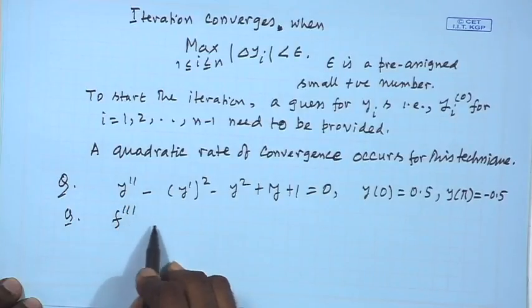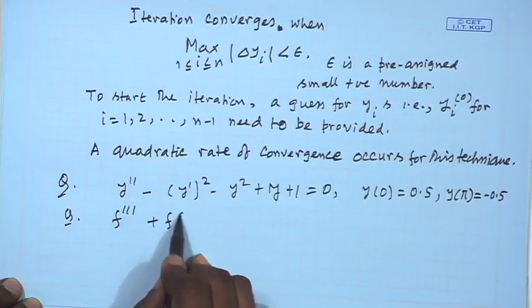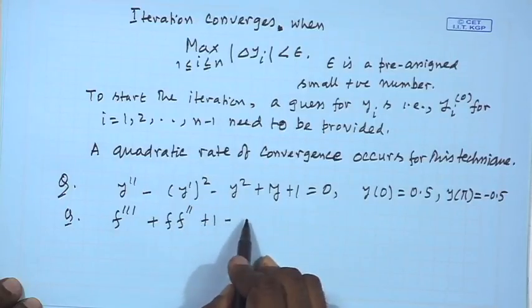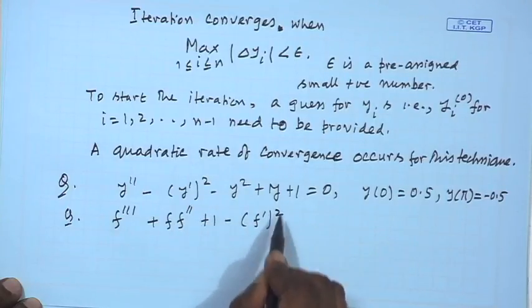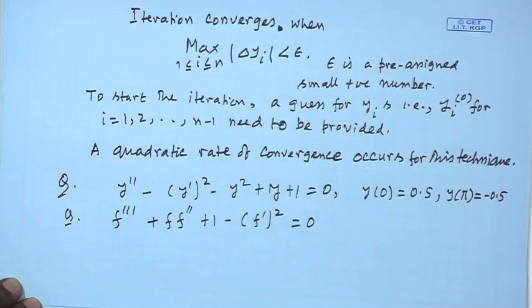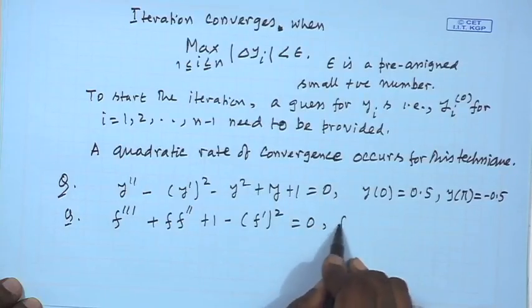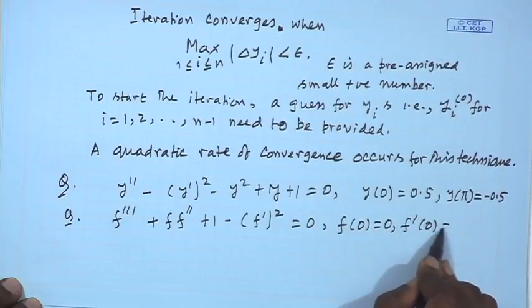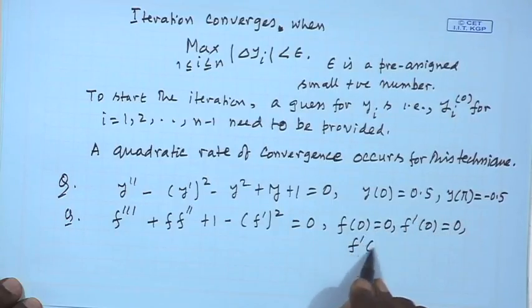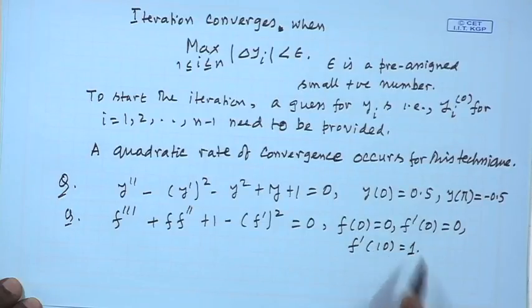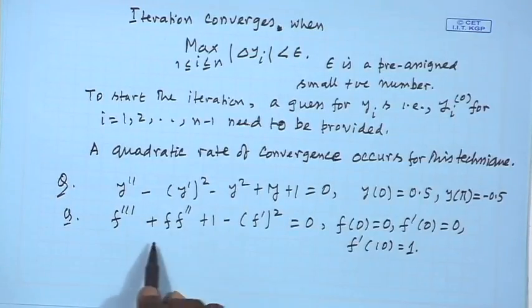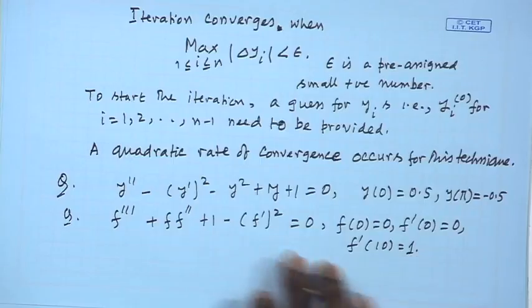Another third order equation, this is a very common equation which appears in fluid dynamics, boundary layer flow past a wedge. So, this is f 0 is 0, f dash 0 is 0 and f dash 10 equal to 1. Solving this set of equations requires computer programming, but one can get a tridiagonal system.